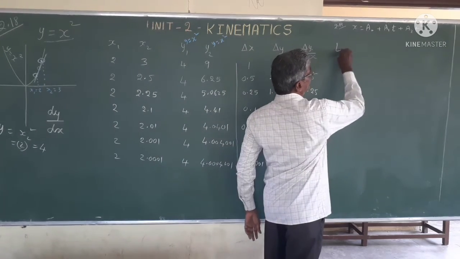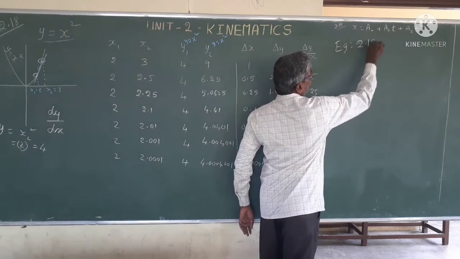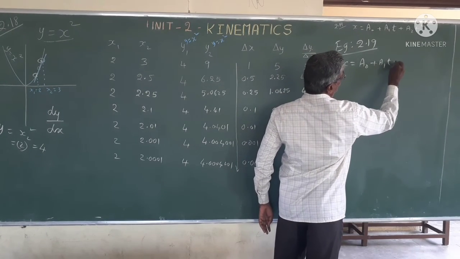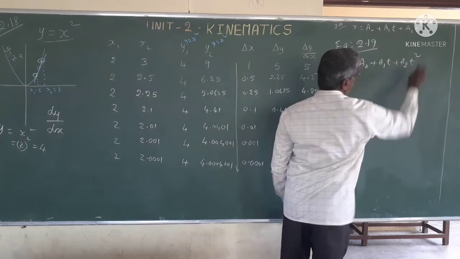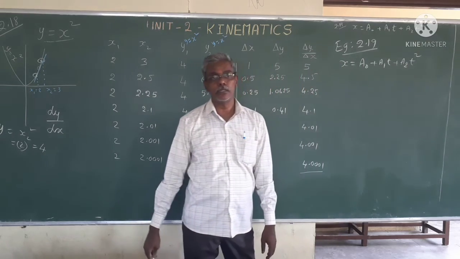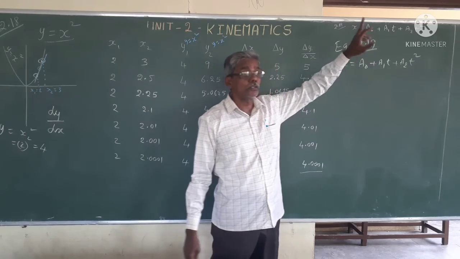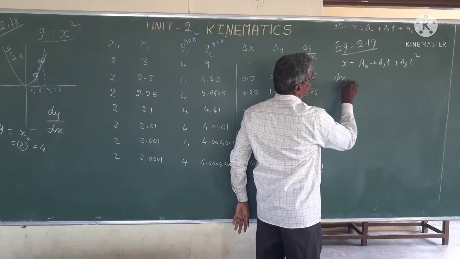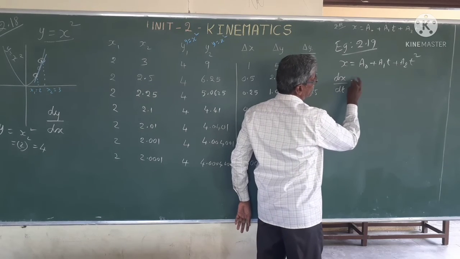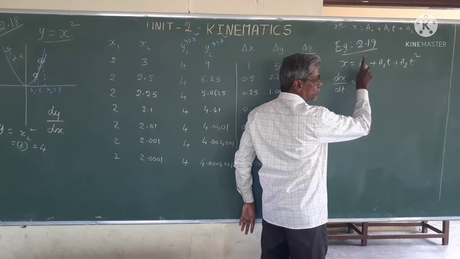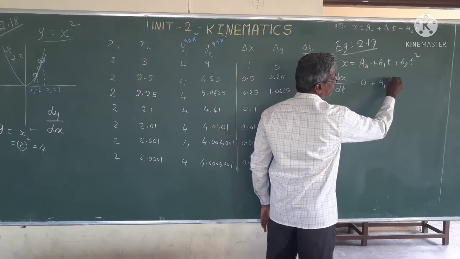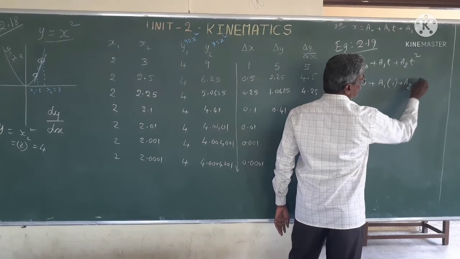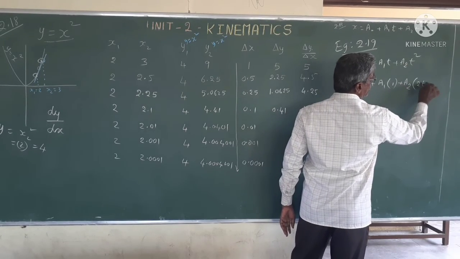So example 2.19. x is equal to a0 plus a1t plus a2 t square. They also differentiate with respect to t. So I can write dx by dt is equal to a0 is constant, so 0, plus a1 t differentiated gives 1, plus a2 t square differentiated gives 2t.